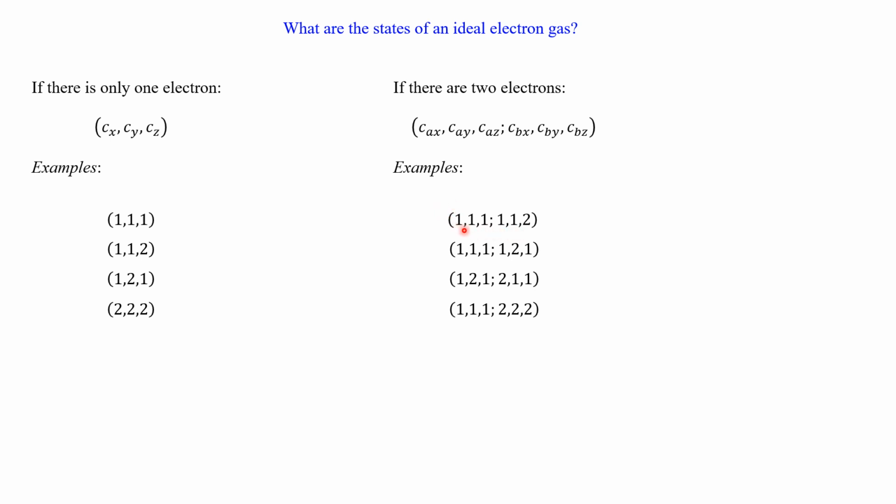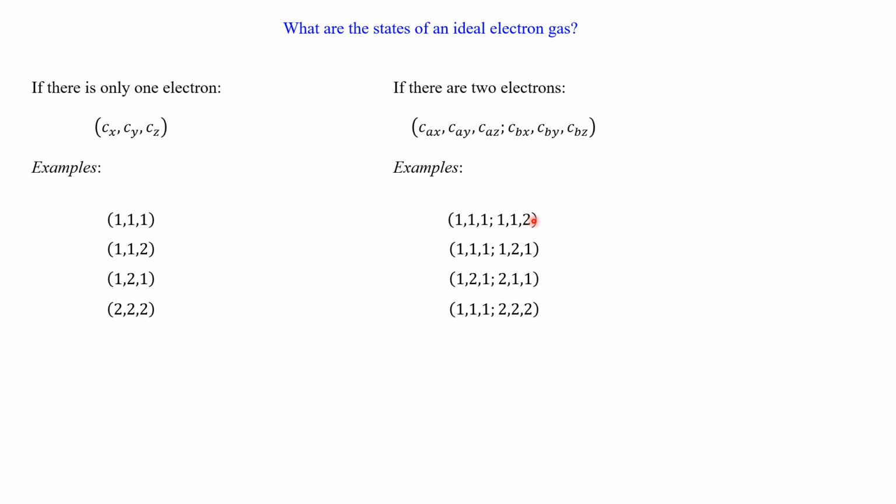So, this entire line here labels one possible state of the system, two electrons in a box. This is the state where one electron is in the ground state and the other one is in the state 112.